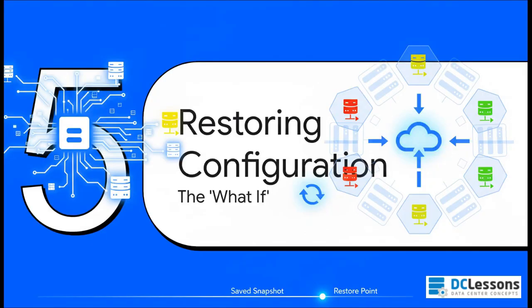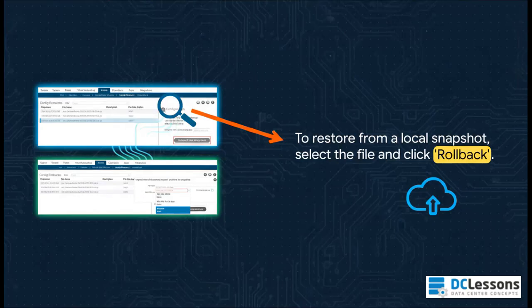Okay, we've been super careful about the backup process. Now, let's talk about the what-if scenario. What if your fabric is down, or somebody pushed a bad config, and you need to recover right now? Here's how you restore your fabric from one of those snapshots you saved. Restoring from a local snapshot, one that's stored right there on the APIC itself, is really straightforward.